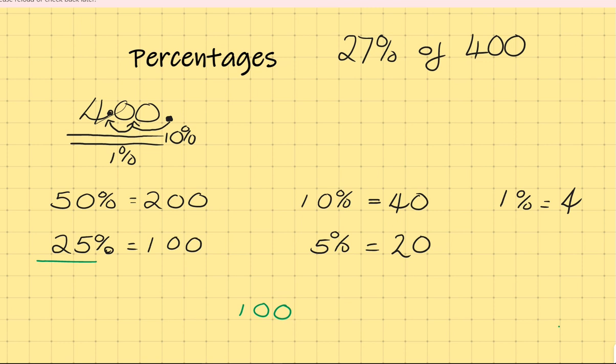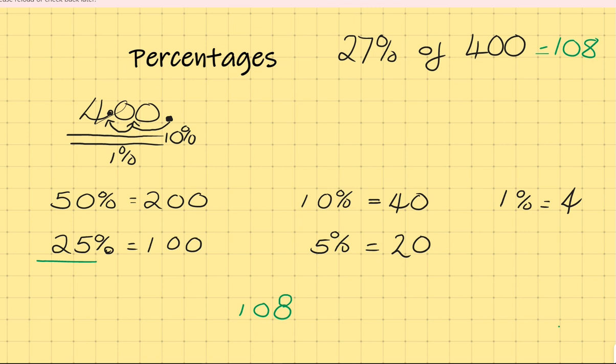Well, there's 1% there, so I could do 4 twice. 4 plus 4 is 8. So 27% is 108. Or you could look at your 25 and your 5%, and then you could minus 3%.